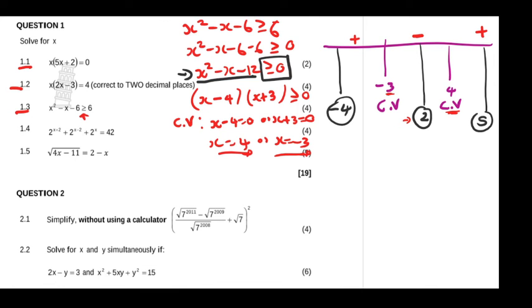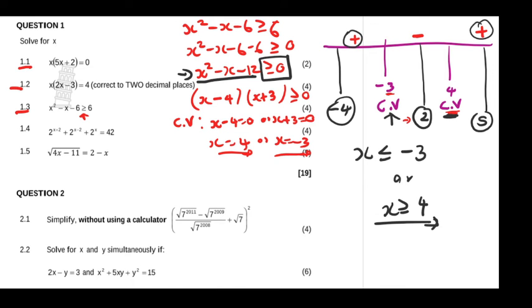So anything that is greater than 0 is positive. So where is positive here? Here and here. So you're going to conclude by saying x must be less than or equal to minus 3. You're using your critical values to conclude. Or x must be greater than or equal to 4, using another critical value to conclude. So these are your solutions of x for this problem here.